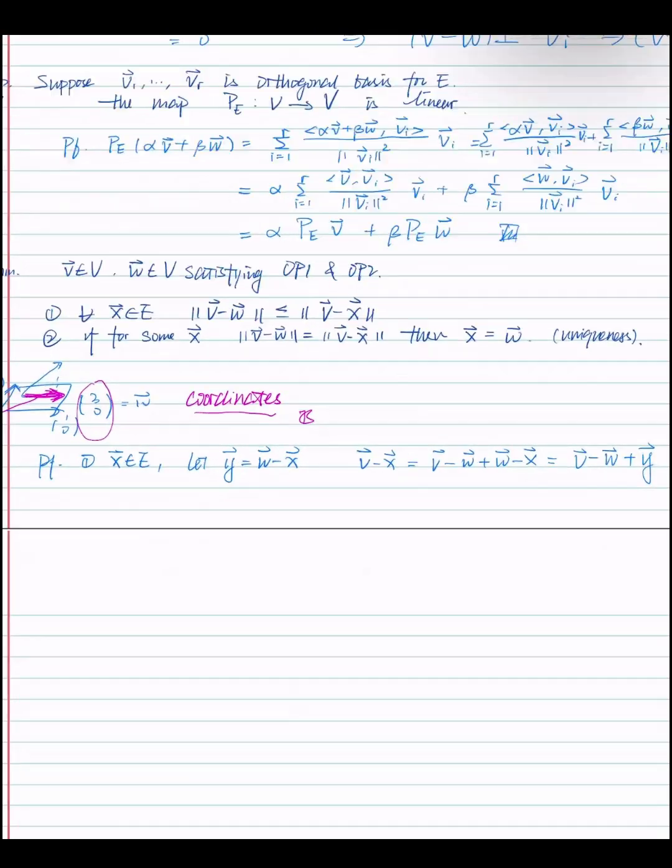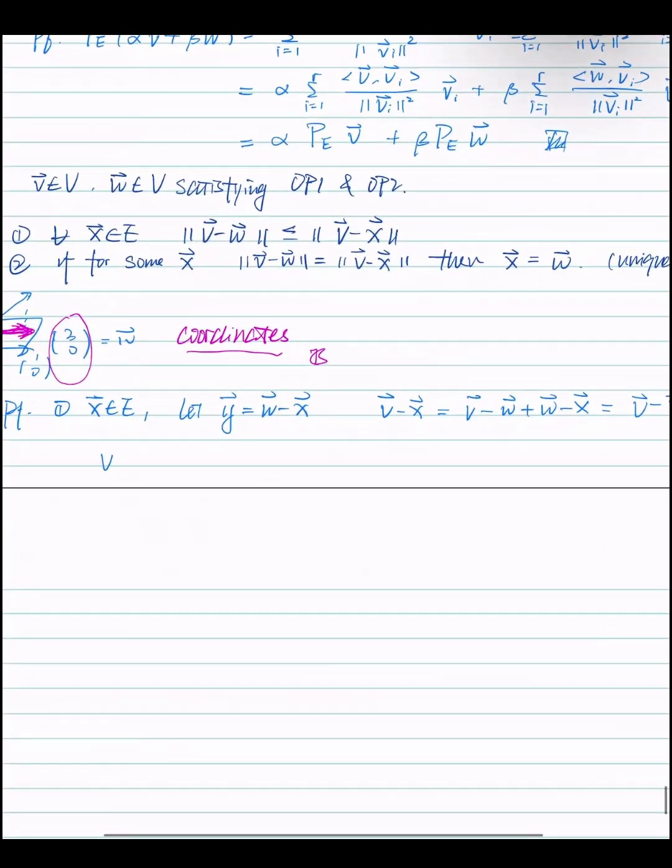All right. Now we know that V minus W is orthogonal to the subspace E by OP2.